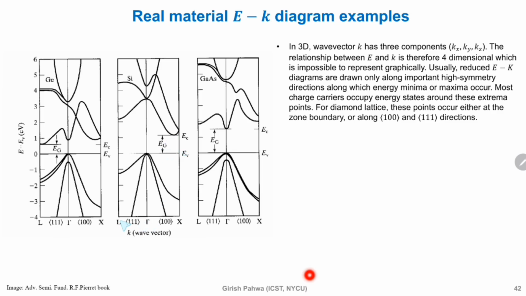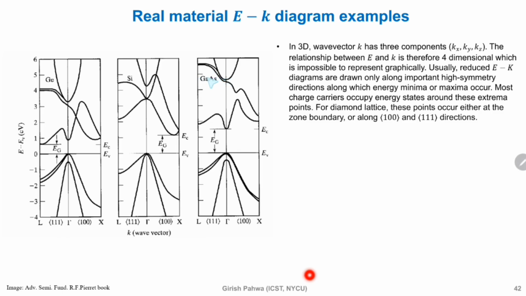But this is not along the gamma L direction, this is along the gamma X direction, the 100 direction. Gamma L direction is the 111 direction. And the gap between the lowest energy point and the highest point here, that is your band gap, Eg. For silicon, it's going to be 1.12 electron volt roughly.